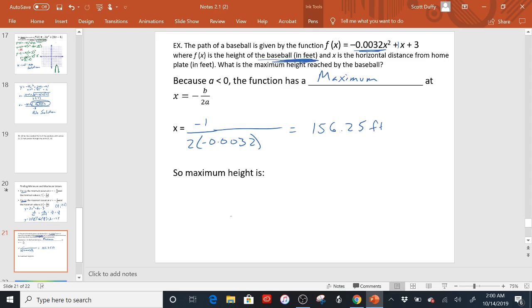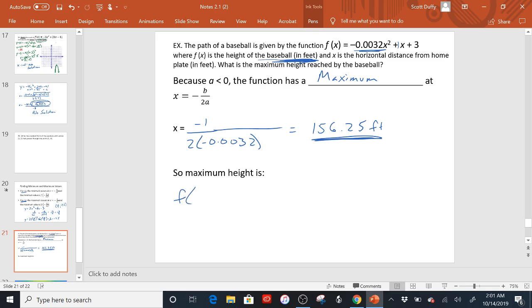So that means that when we're looking at this, we say, all right, if it starts here at 0, it goes 156.25 feet to get to where it gets its highest point, and then it's going to drop from there. So to figure out what the maximum height would be, all you do is plug in this value into the function.